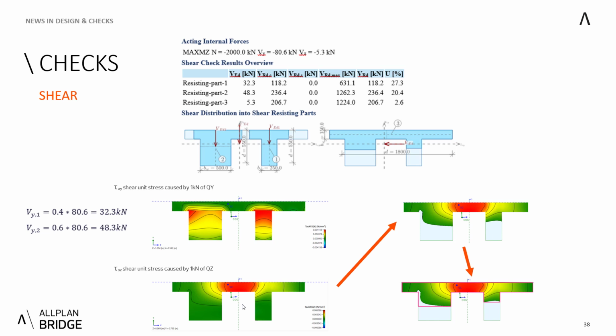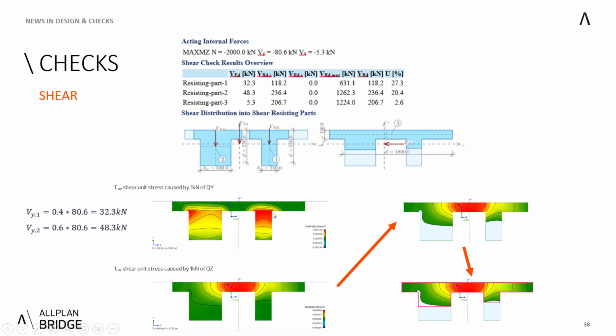Let me show it on this example of Qz. Relating to tau xz shear unit stress, we identify the most effective parts of the section, meaning that we show only parts which have, I think, about 80% of the intensity. When we do that, we can determine the outline of the shear effective part. In this case, for Qz, so for a horizontal, you can see this result here.